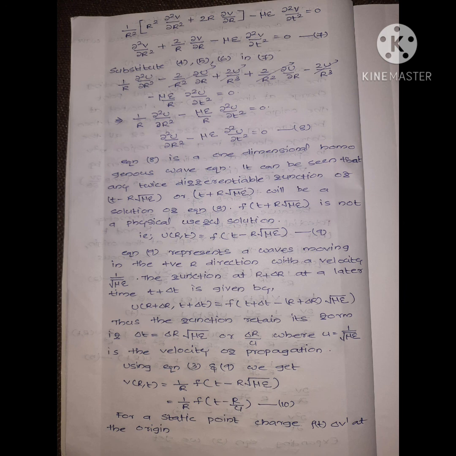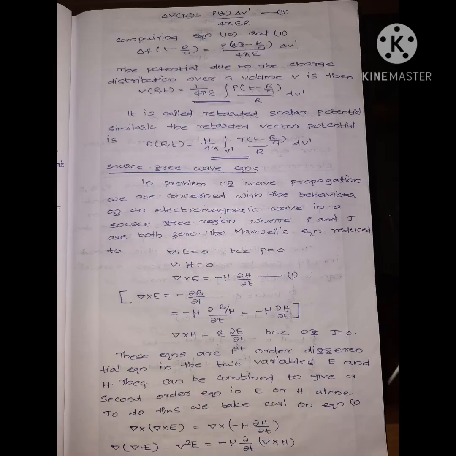That is, in the first section we wrote v(r,t) = (1/r) u(r,t), and the solution is u(r,t) = f(t − r√(με)). Substituting the solution in the equation of v(r,t), v(r,t) = (1/r) f(t − r√(με)). It can also be written like this: v(r,t) = (1/r) f(t − r/u).